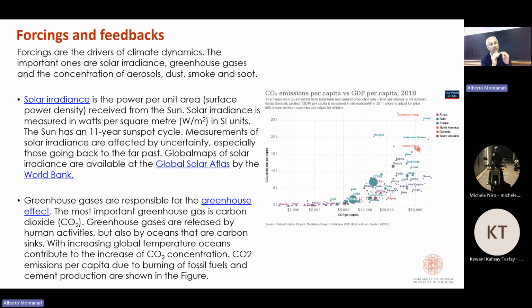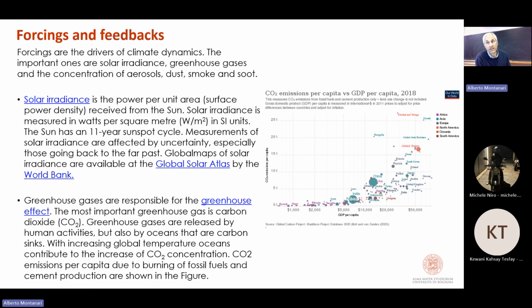Therefore, the solar energy remains trapped in the Earth system. It's not only greenhouse gases, it's also the concentration of aerosols, dust, smoke, and soot. These are also important, in both directions, as the concentration of aerosols can also cause cooling.